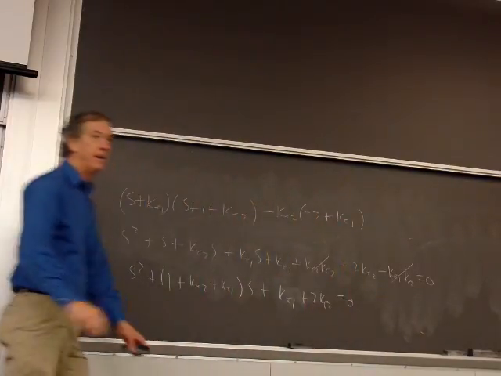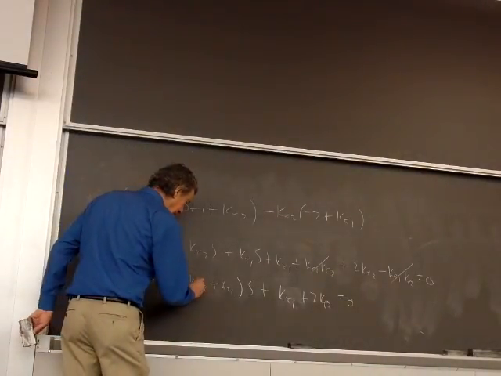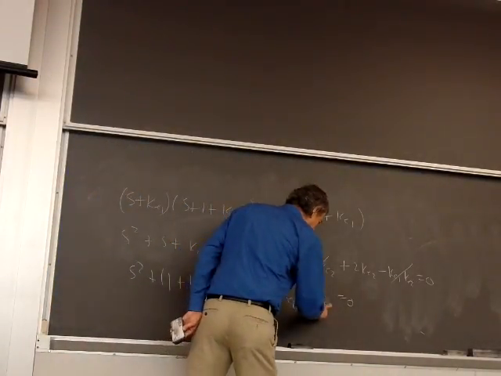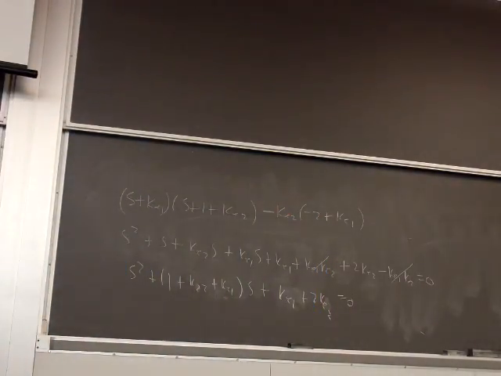Is that right? This is 2, 1, 1, this is 2. And what do we want these to be? Poles are at -10 and -15, so our desired is what? S squared plus 25S plus 150.